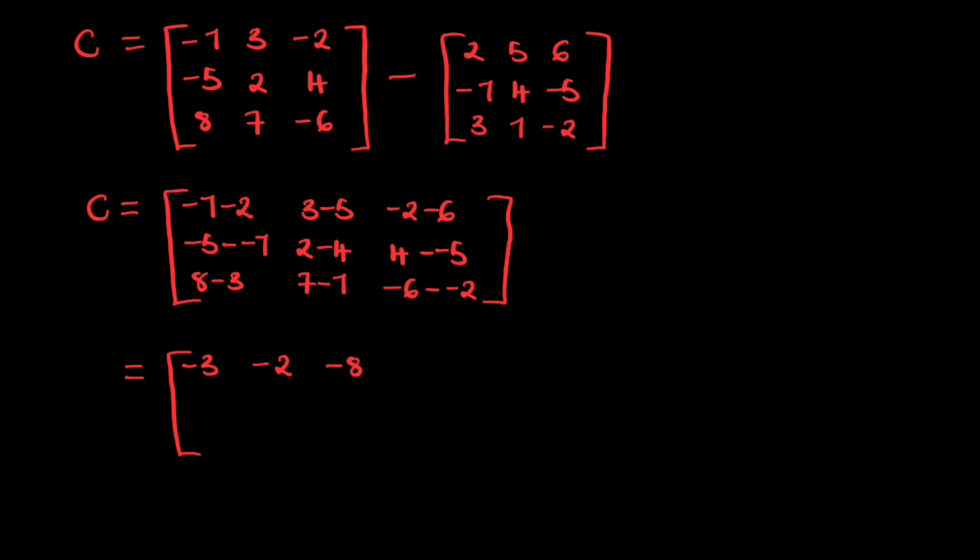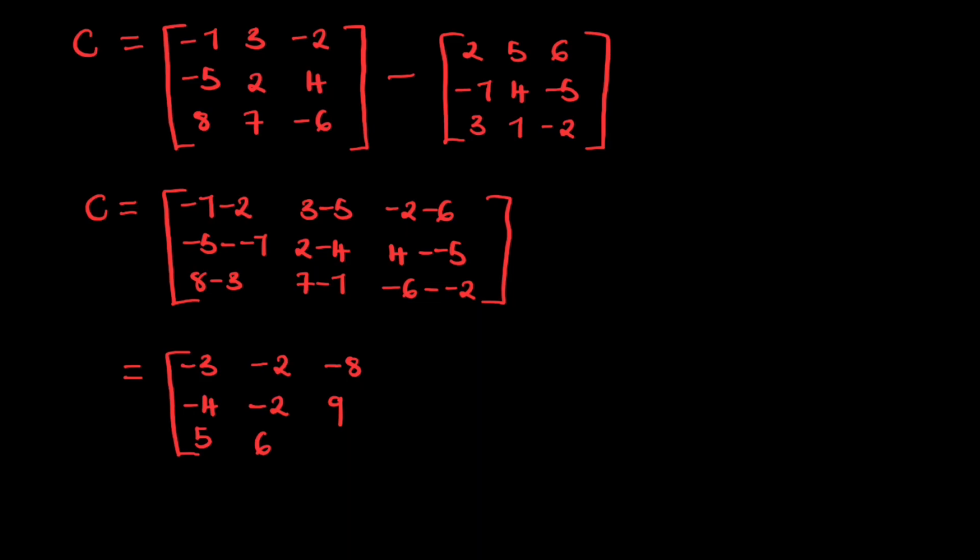Minus 5 minus 1 is simply minus 5 plus 1, so that gives minus 4. 2 minus 4 is minus 2. 4 minus 5 is 4 plus 5, which gives 9. 8 minus 3 is 5. 7 minus 1 is 6.